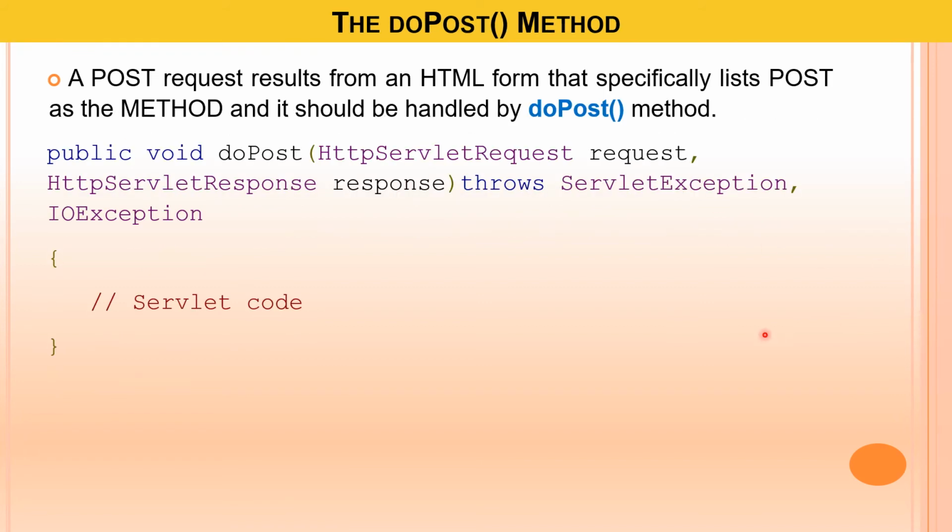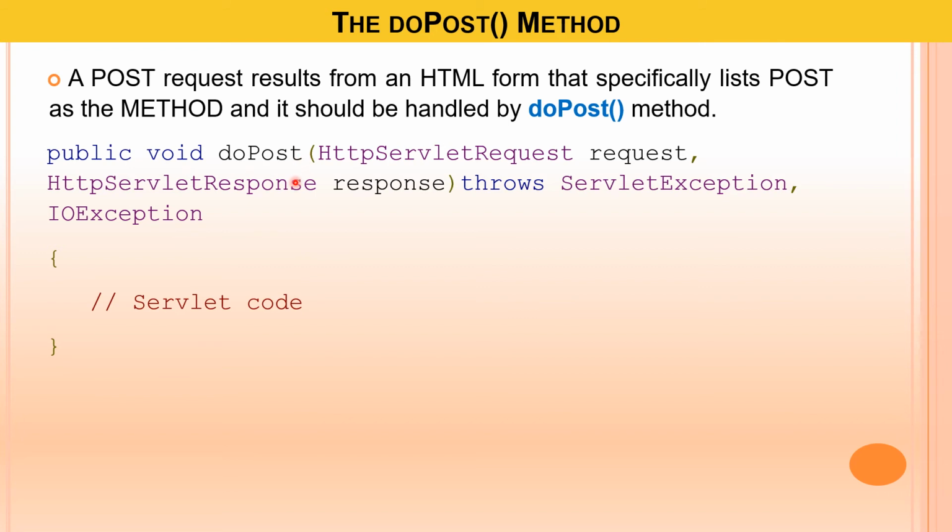The next method is the doPost method, which is used with the POST request. It results from an HTML form that specifically lists POST as the method, and it should be handled by the doPost method.